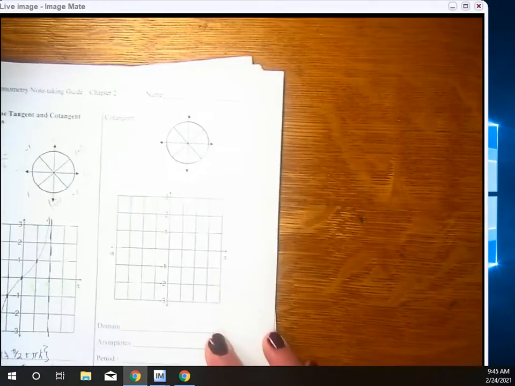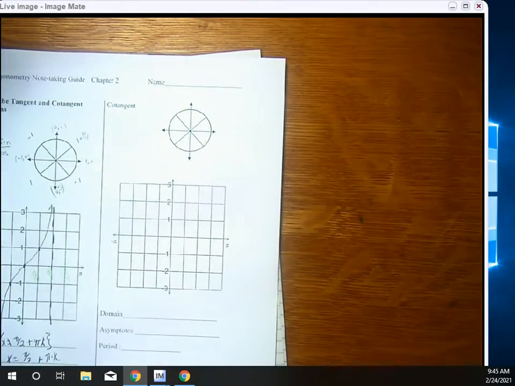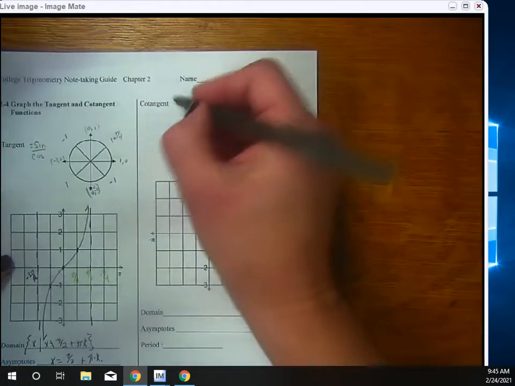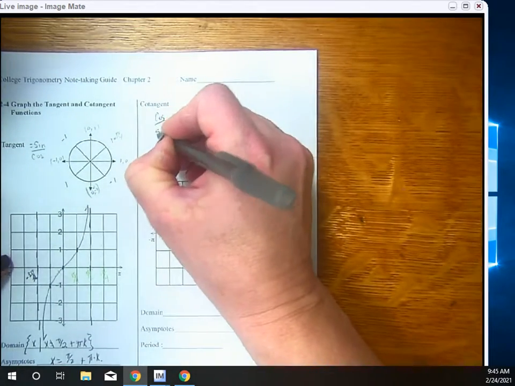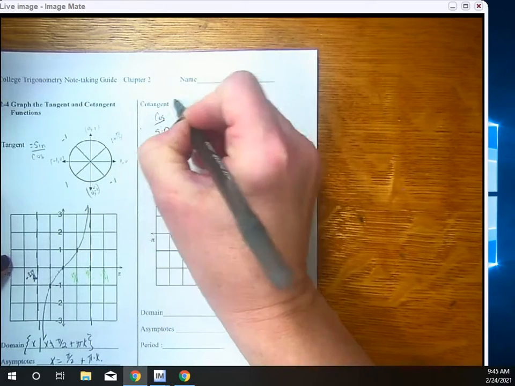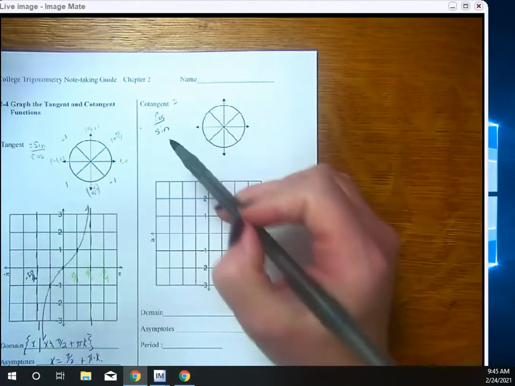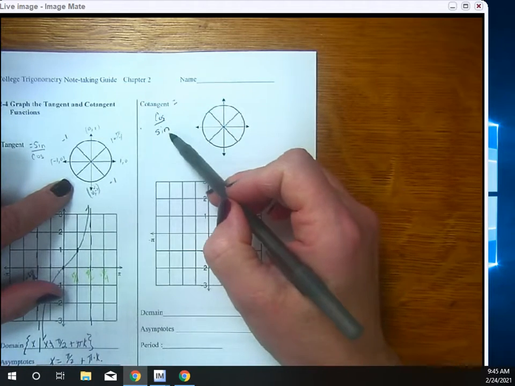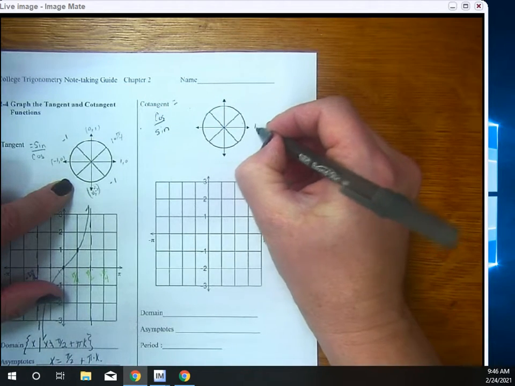When we are looking at our cotangent, the cotangent is cosine over sine. Everywhere sine is 0, you're going to have an asymptote.